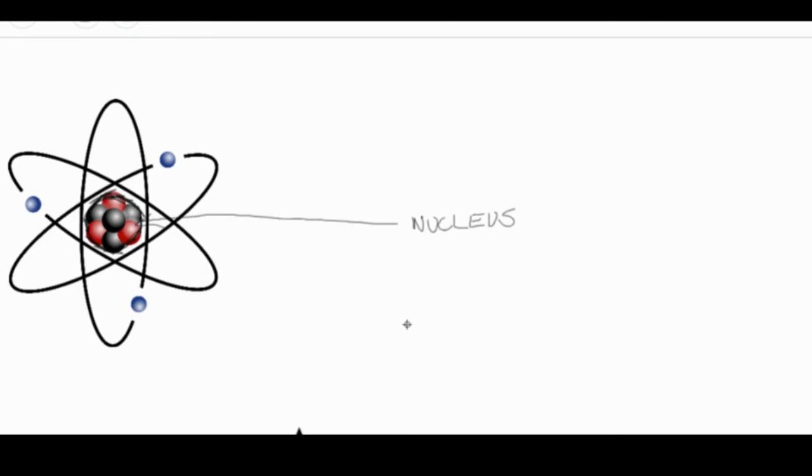I'm not going to shade in the entire area, I'm just going to draw an arrow like this, and hopefully you'll understand. So electron cloud. The electron cloud is mostly empty space. All this white is just empty space, but it does have electrons inside. And since the electron cloud is mostly empty space, the atom is also mostly empty space.